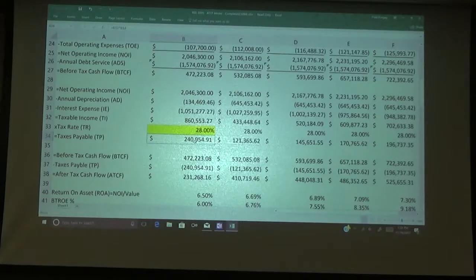Don't we have to adjust the property value over the years to get a higher ROE? Because every year the property value goes up based on the NOI. That's what I was saying earlier, this model doesn't do that. This model is meant to be a very simple model and not make a lot of the other little assumptions that we potentially could make.